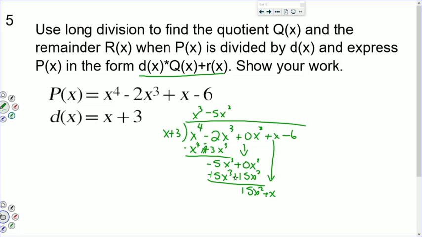What do we multiply x by to get to 15x squared? Plus 15x. We get 15x squared plus 45x. Change the sign. And then we add, so that is negative 44x and then minus 6.